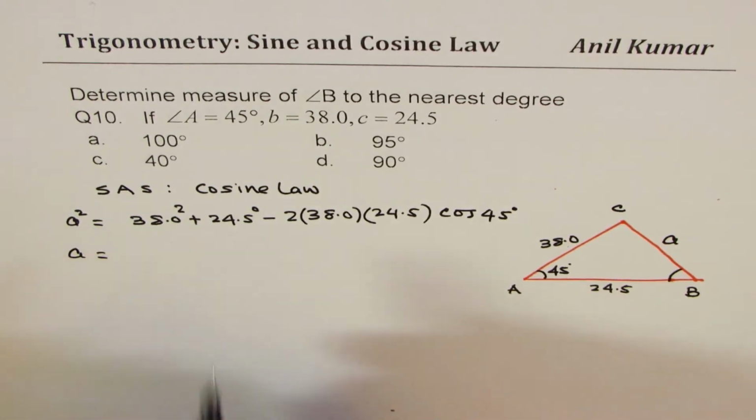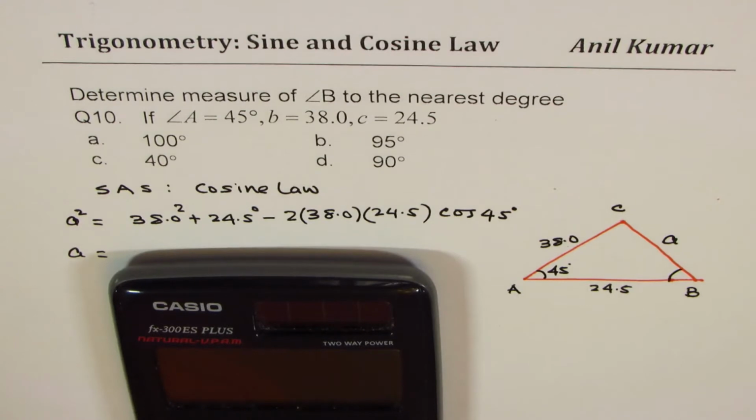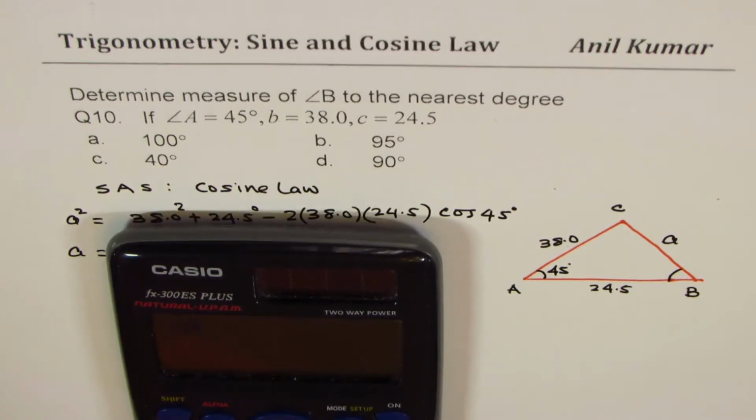So A is equal to, let's calculate this, the square root of 38 square plus 24.5 square minus 2 times 38 times 24.5 times cos of 45 degrees.